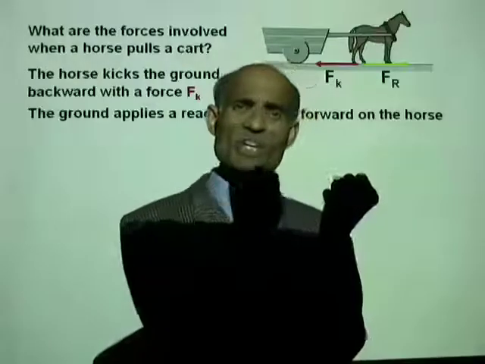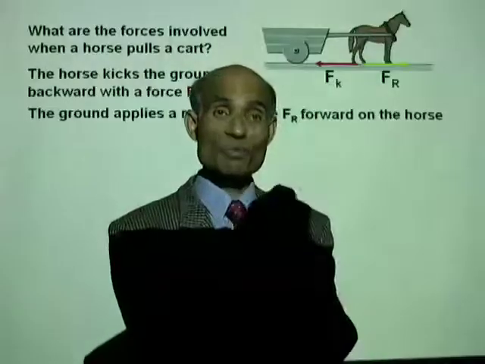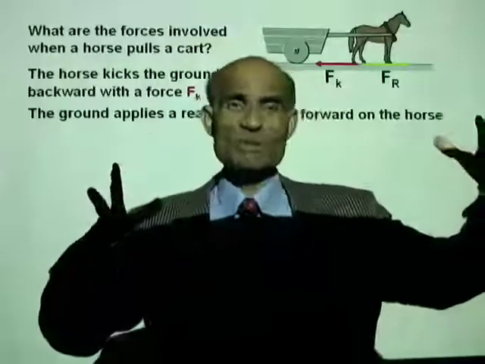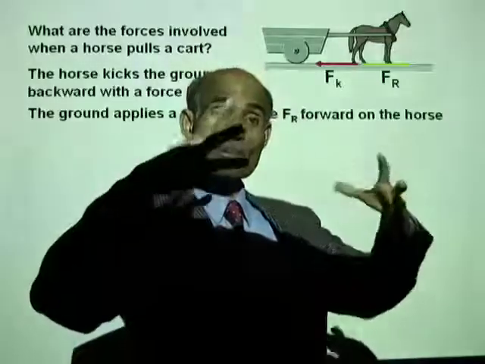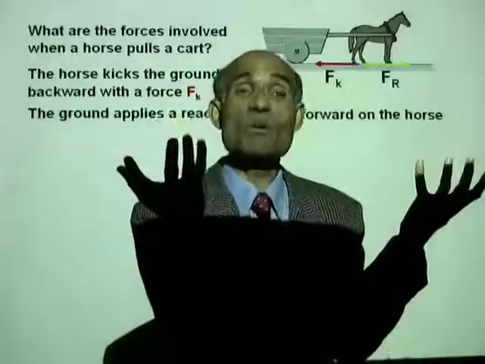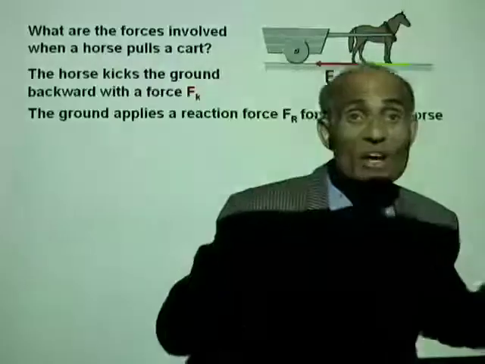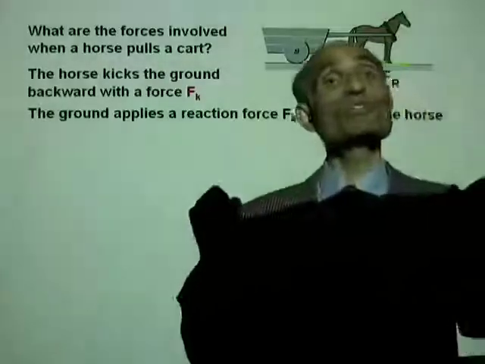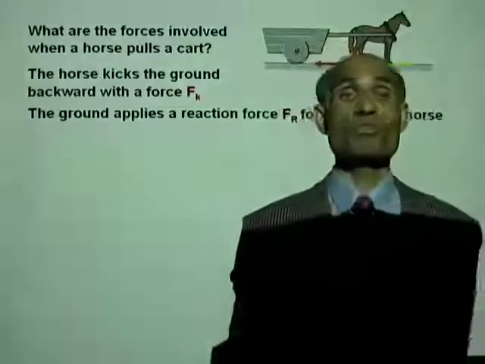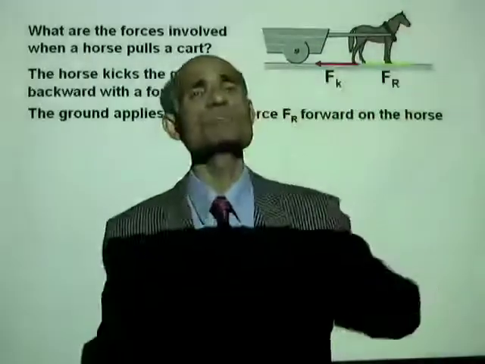Now, shouldn't that kick move the earth? Well, we assume that because all these kicks are so random, the total effect of all the kicks will average out to be zero. So you kick the earth backward, the earth pushes you forward. If the earth doesn't push you forward, you will never be able to walk.